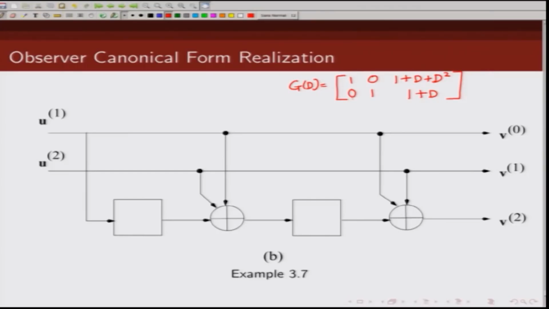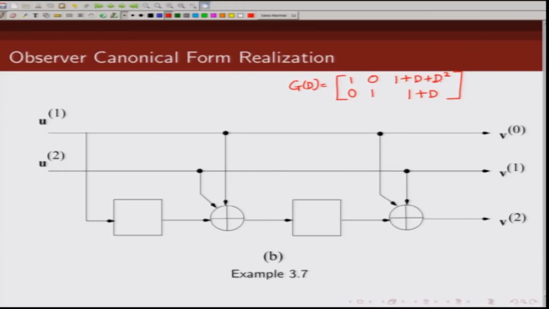For each column there is one set of shift registers. What is the maximum delay element here? 0. So, you can see directly. What about this? Again, the maximum degree of D is 0. So, there is no shift register. And here for the third one, the degree of D is 2. So, we took 2 delays.